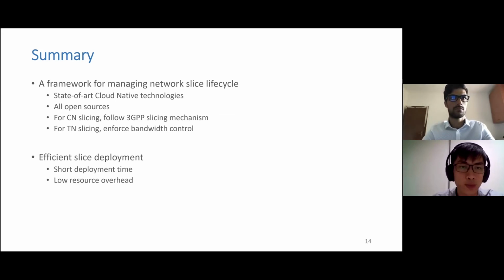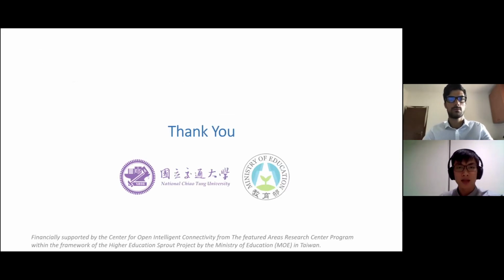For TN slicing, we enforce bandwidth control, and we could limit and guarantee bandwidth at an exact rate. We also demonstrate that our deployment is efficient in terms of short deployment time and low resource overhead. So that's all I have today, and thank you.